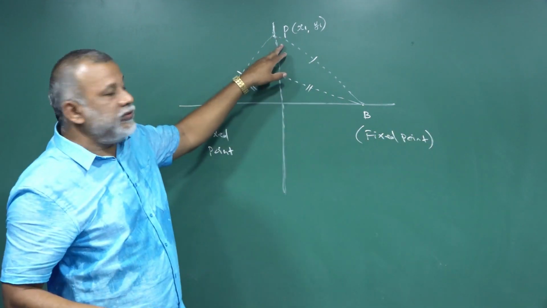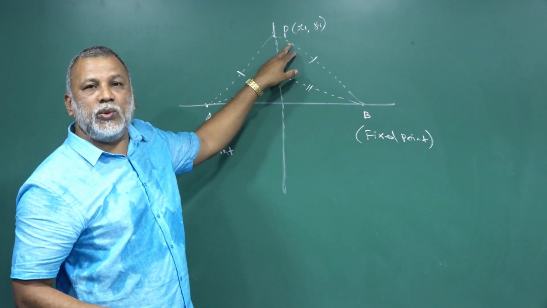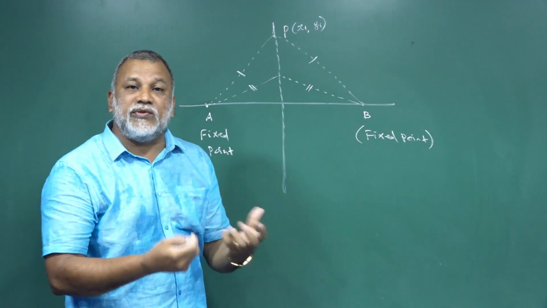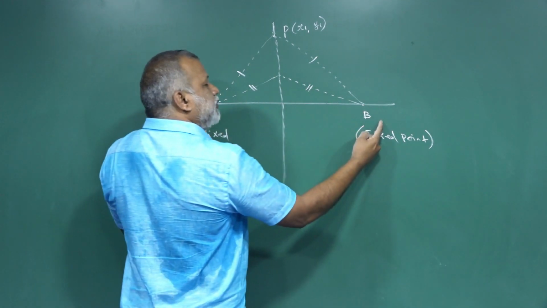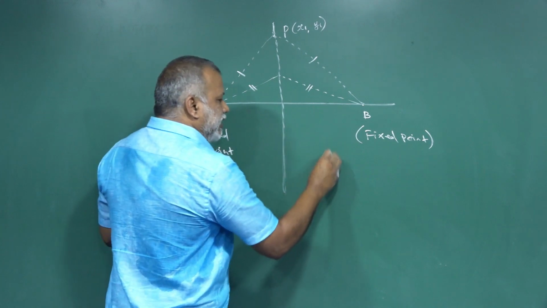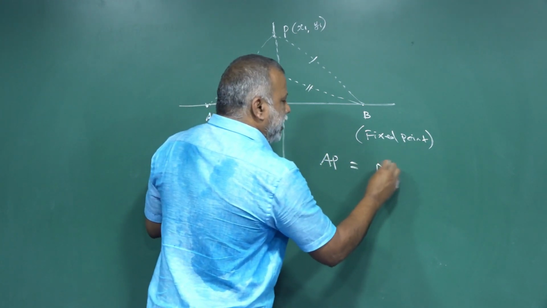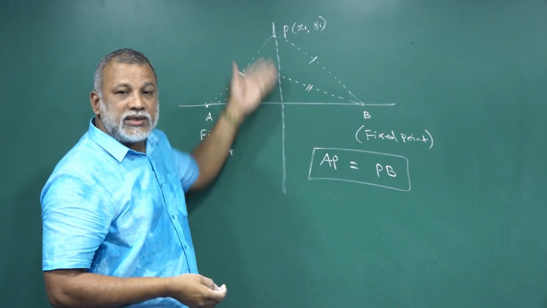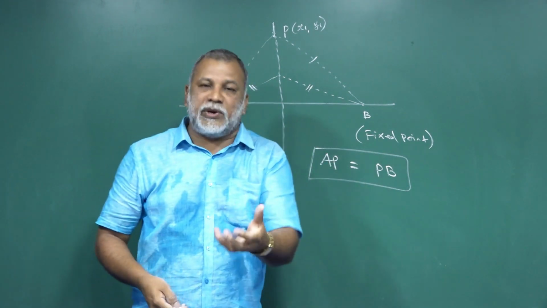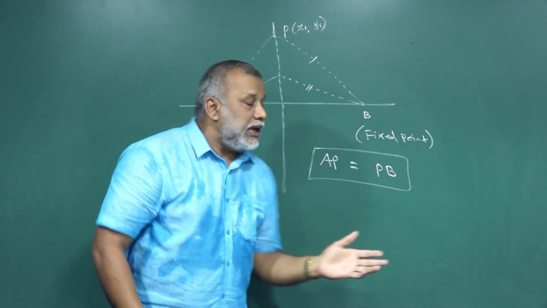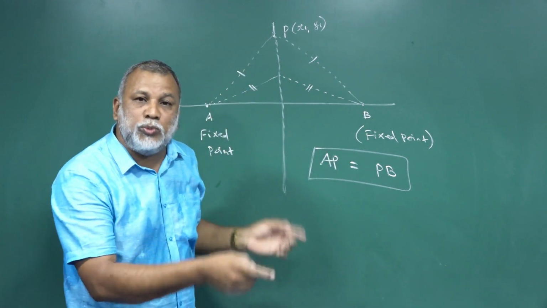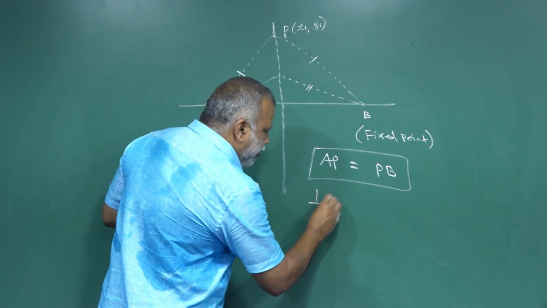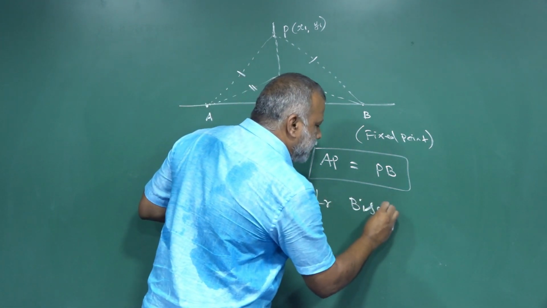The locus of the point P(x1, y1) always maintains equidistance from the two fixed points. That means from this we have a condition, AP equal to PB. So what is the name of the locus? Initially we explained that the name of the locus is circle. Here the name of the locus should be the perpendicular bisector.